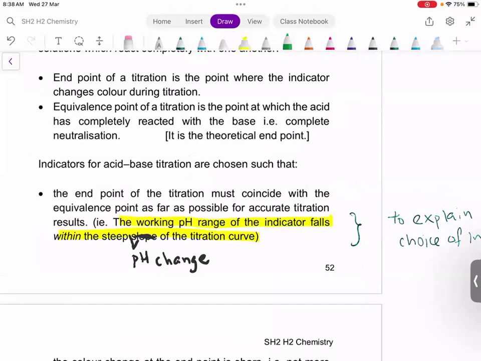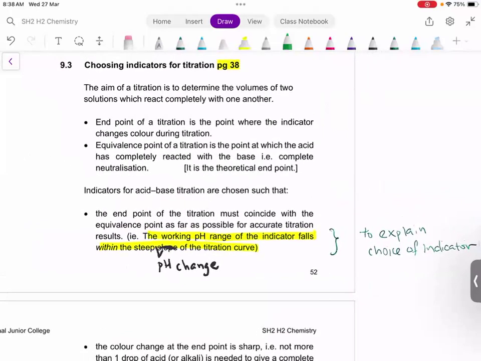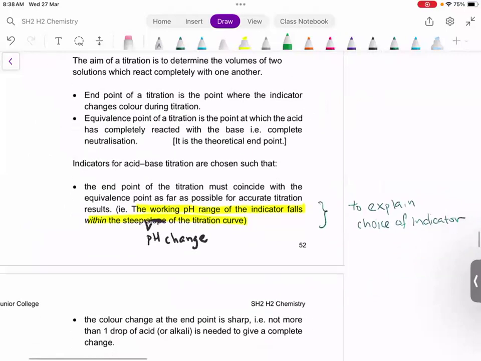Whenever they ask this type of question, you just regurgitate this answer. This is the standard answer.